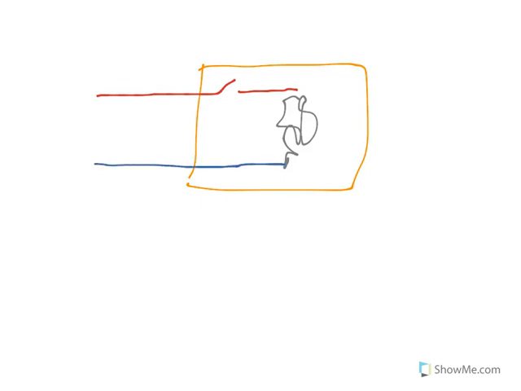Now, what happens if in your appliance something snaps off and touches the outside? Something breaks and then you bring your finger in here and touch it, then you could get zapped.